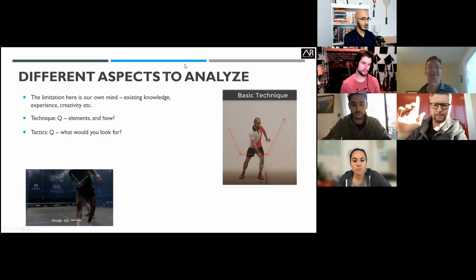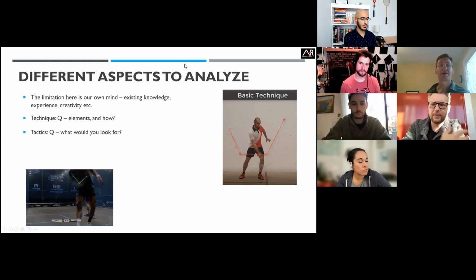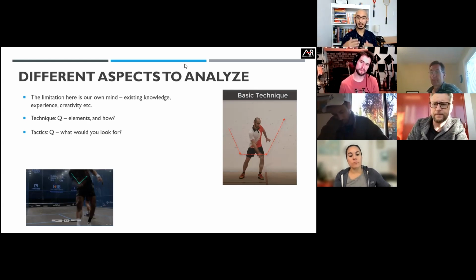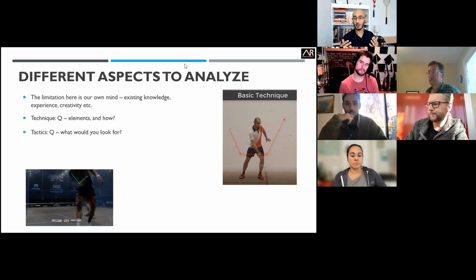Shot selection: are they going cross court too often, going deep or going short too often? Basic movement stuff as well. Are they getting to the tee? Yeah, awesome. And thank you, Jeff. Depending on the level of the player, you could take that to be as advanced as you want, or if they're a beginner, as simple as possible.